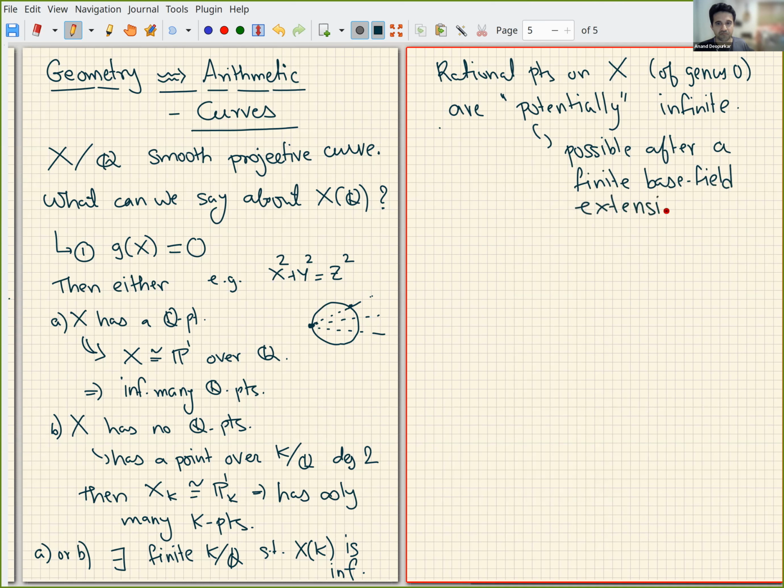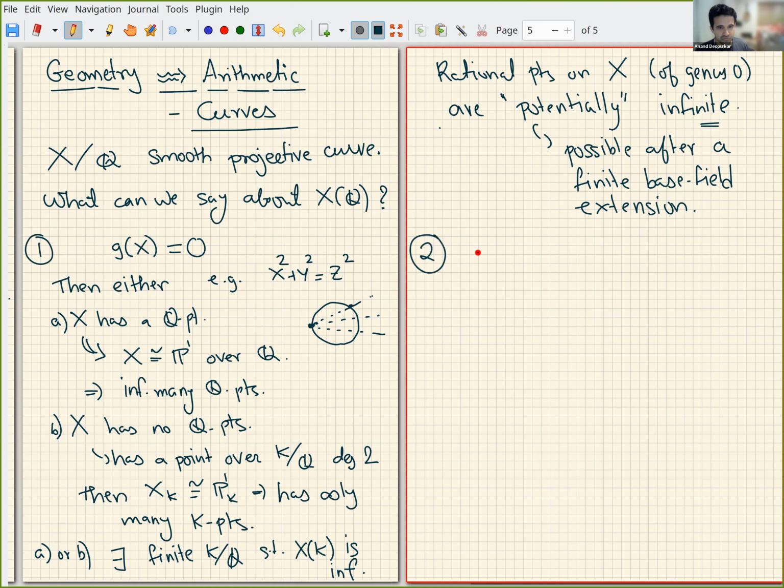So if you have a rational curve, a genus 0 curve, then up to a finite extension of the base field you always have infinitely many rational points. So this is case number 1.